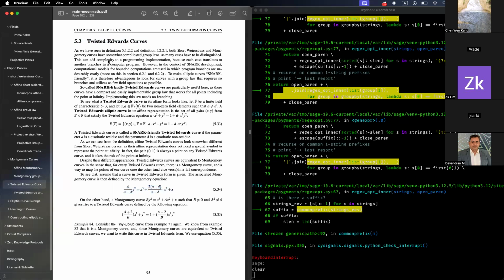I believe twisted Edwards curves are also a subset of Montgomery curves, if I'm not wrong. Essentially, this allows us to implement it on a computer pretty easily. This is very friendly for a computer implementation, right? That's why we introduced twisted Edwards curves.